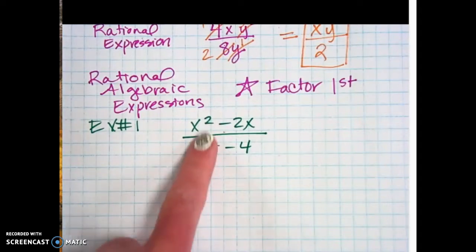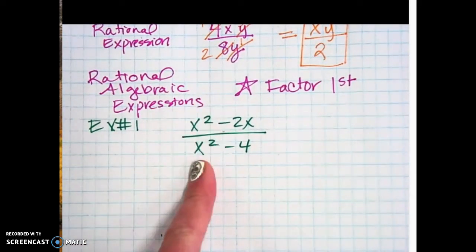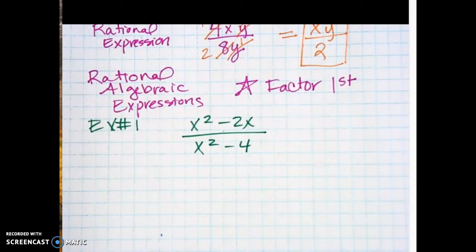You can't just go, oh, there's an x squared and there's an x squared, so cancel them. Can't do that. You're going to have to go through all those steps. Look for your GCF. See if it's easily factorable. See if it follows one of the patterns. You might even get some that are harder where you need to do the slip and slide on it, okay? But they start pretty easy.